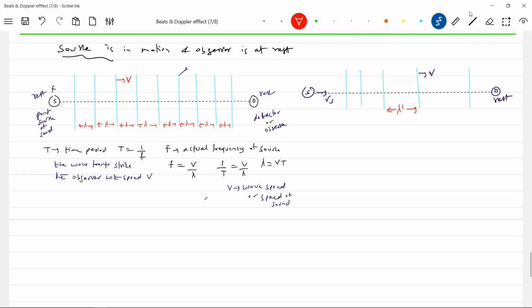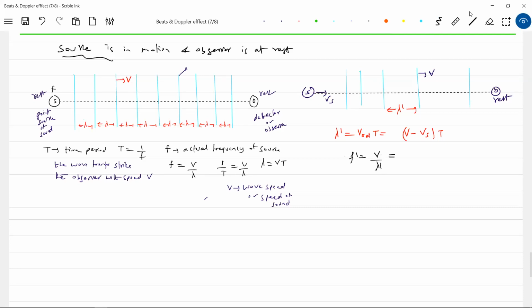Okay, how to bring that one? Lambda dash should be equal to V relative into T. So this will be V minus Vs. What is f dash equal to? F dash will be equal to V by lambda dash.